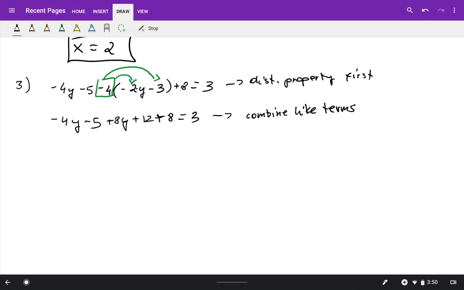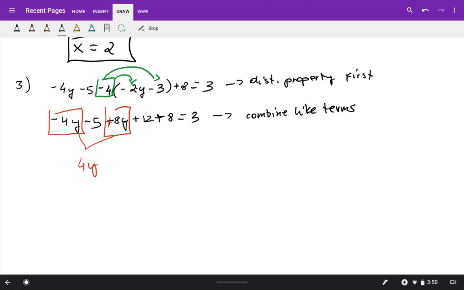So now, when we don't have parentheses, next what we're going to do is combine like terms. So simplify both sides of the equation. So like terms, I have negative 4y, I have positive 8y. They are definitely like terms because they have the same variable. And let's combine them. So that will give you negative 4 plus 8. Again, the sign of the number tells me if I'm adding or subtracting. So negative 4 plus 8 is positive 4. And your variable is y.